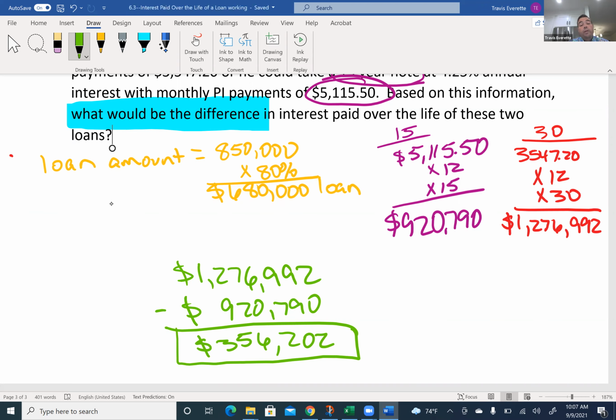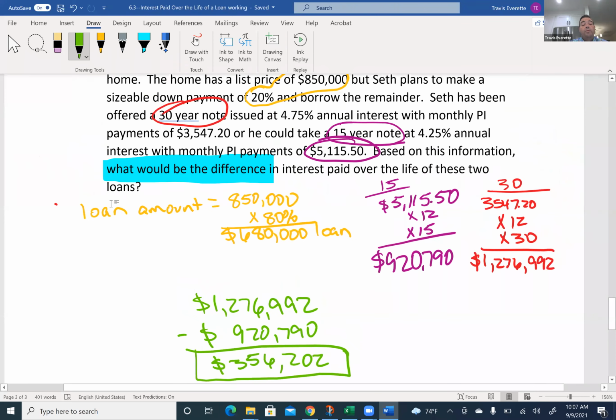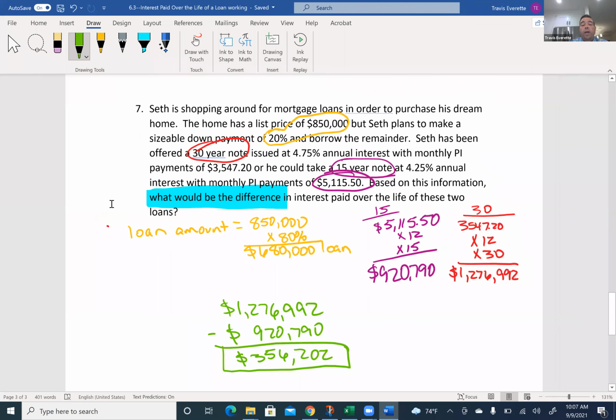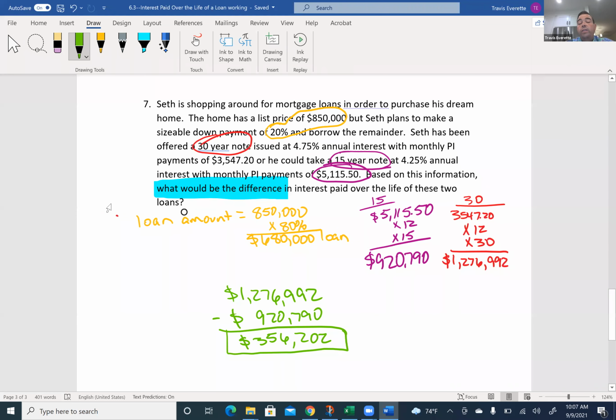Because remember, Seth is paying back the same $680,000 no matter which way you go, no matter which loan he ends up taking. So here's the decision that Seth has to make. Does he want to pay $5,115.50 a month and end up saving himself $356,000 in interest?